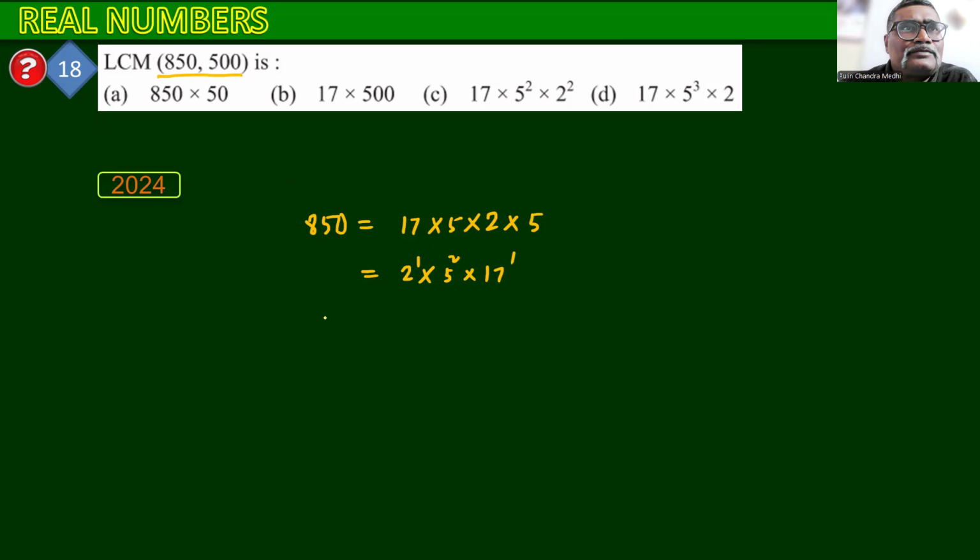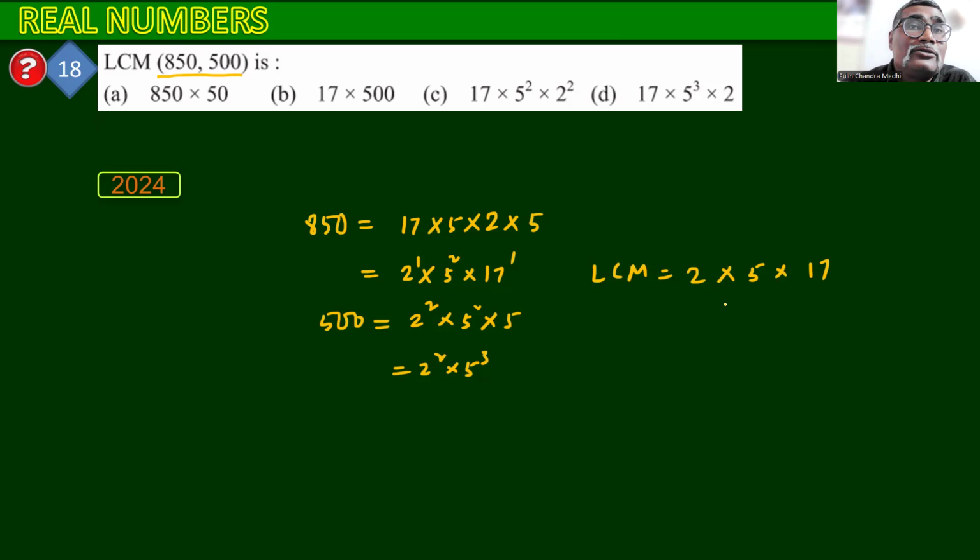So now 500, how can you do? 100 into 5. 100 means 2 square into 5 square, and then there is another 5. So 5 cube. So now what is the LCM? LCM means all factors with the highest power. So 2 highest power is 2, 5 highest power is 3, and then 17.